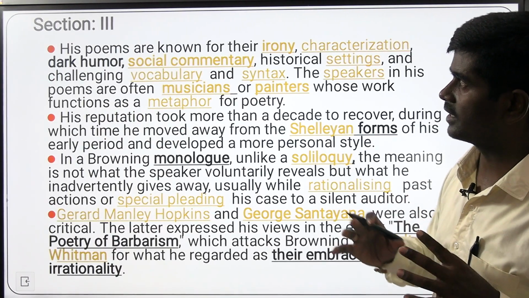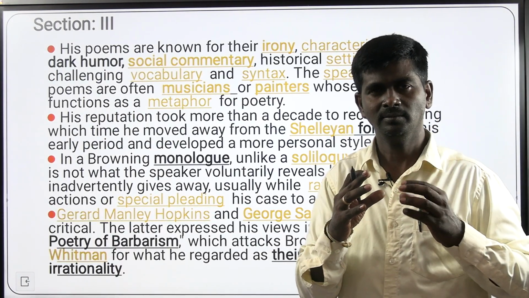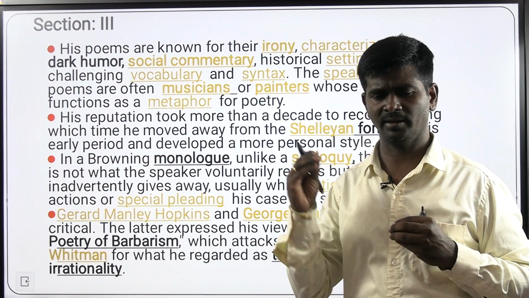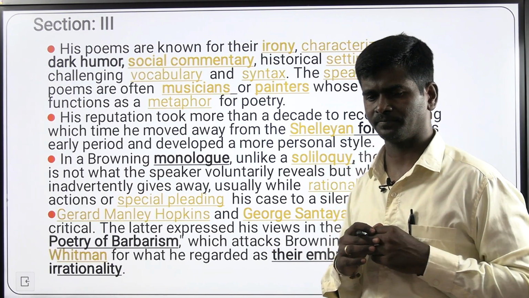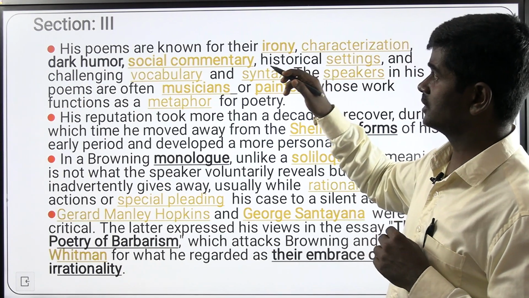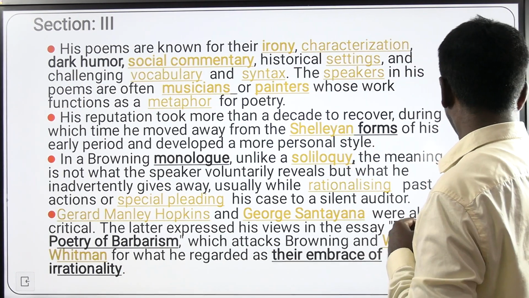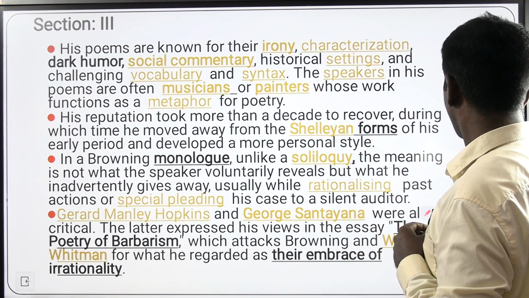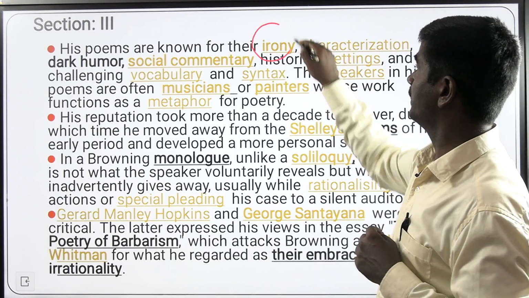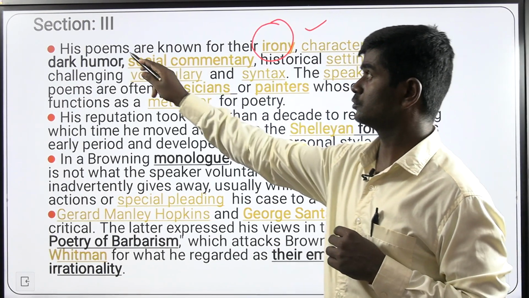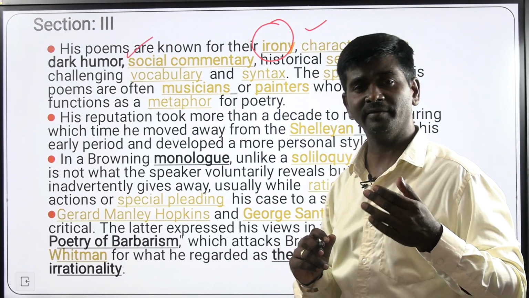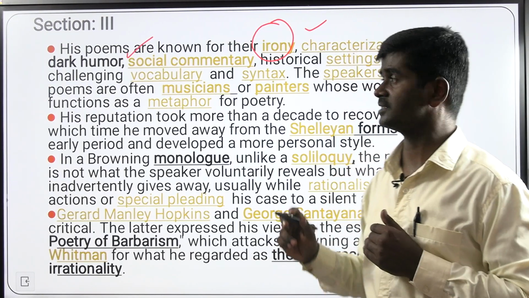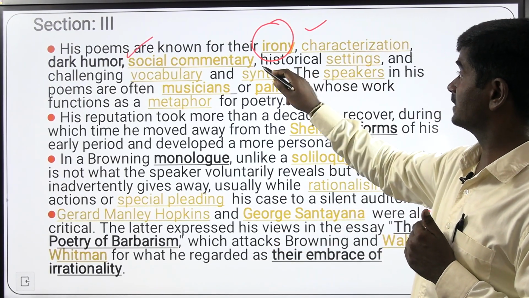Next, what is the style of writing literature by Robert Browning? His poems are known for irony, characterization, social commentary and political commentary. He writes poetry to comment on society. Next, historical settings.